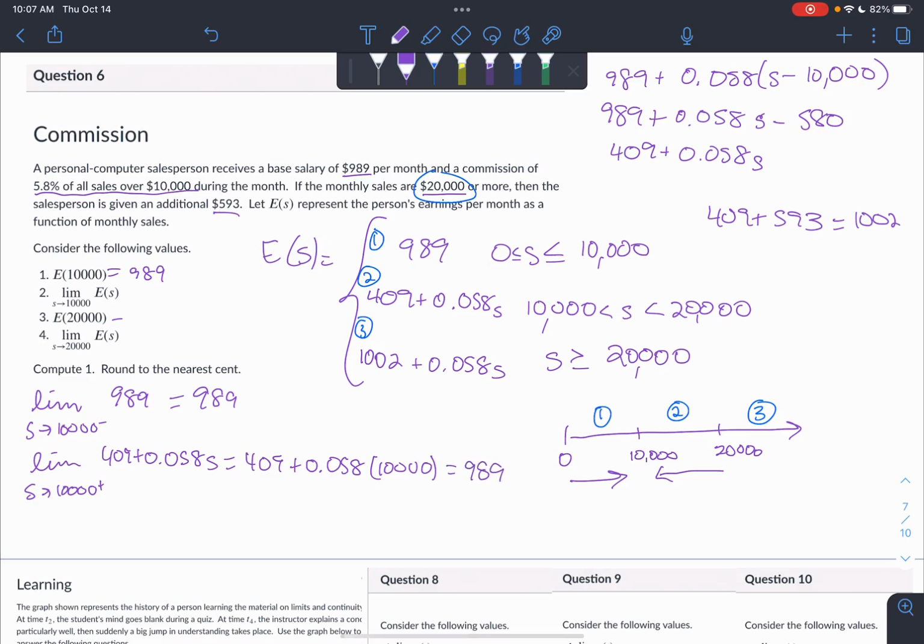That's great. Because these two are the same, our overall limit is 989.